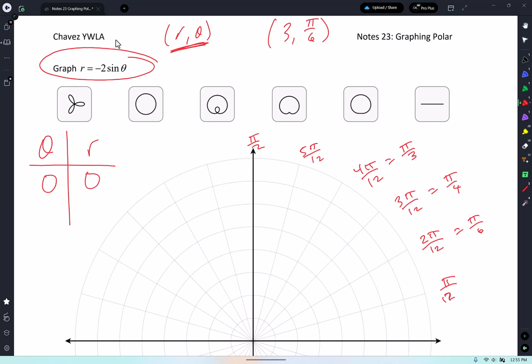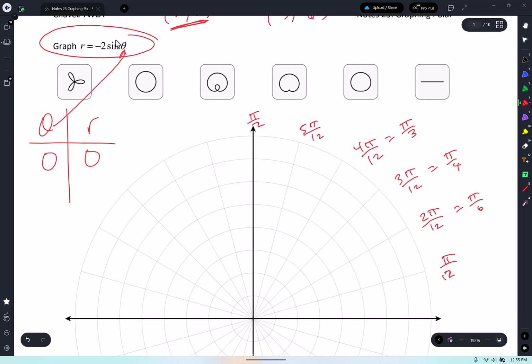Does everyone see where I got 0, 0? I plugged this theta into that equation. So I'm going to put a point at 0, 0. That's my first point. Are we okay?